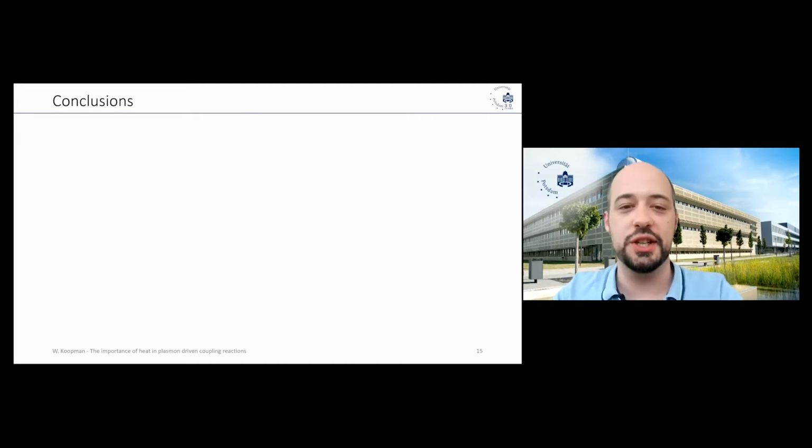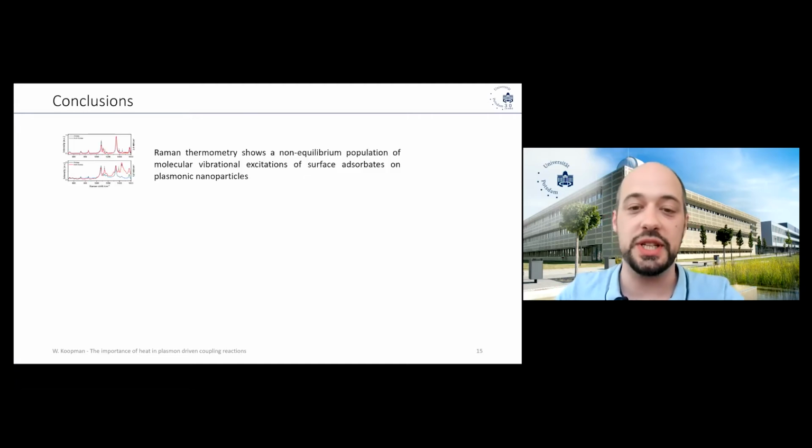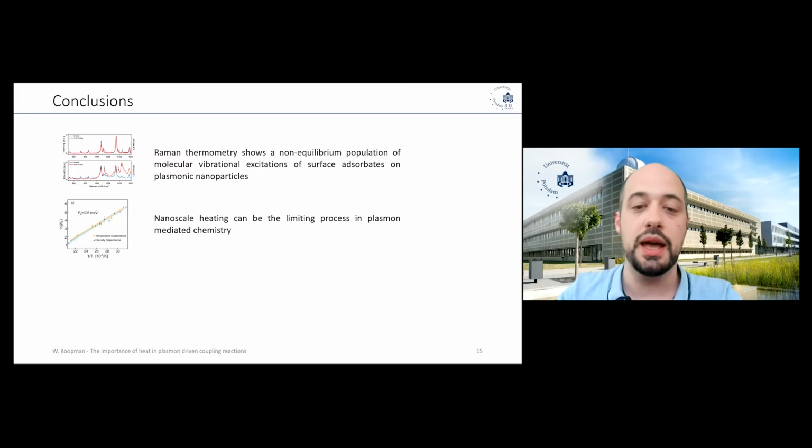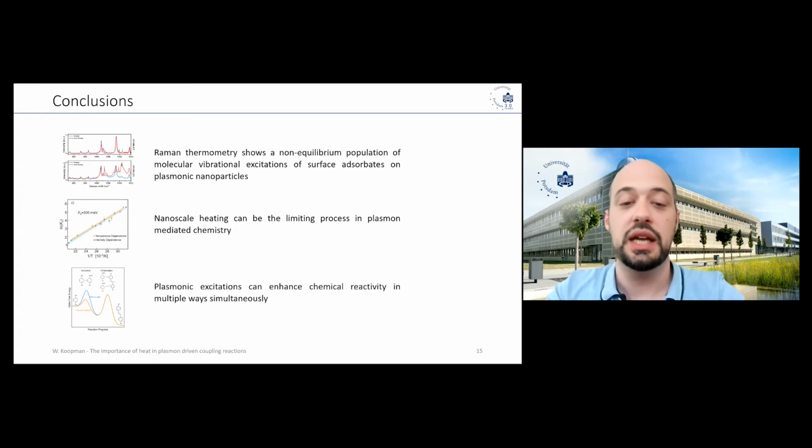So what I showed you today was how we measured the temperature, both of molecules and of particles. The vibrational temperature of the molecules is maybe not the best thing if you want to have the reactor temperature. Then I showed you that nanoscale heating can be a limiting process in plasmon-mediated chemistry.